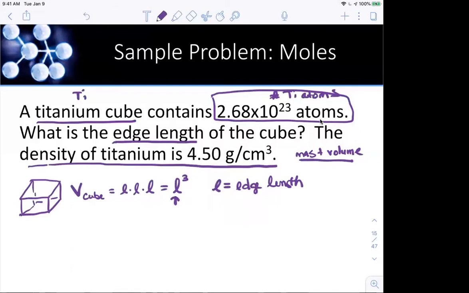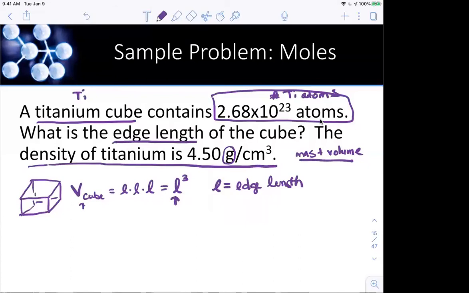So basically, in order to figure out the L, I need to calculate the volume. Well, the volume can be gotten using the density if I have the mass of the titanium.